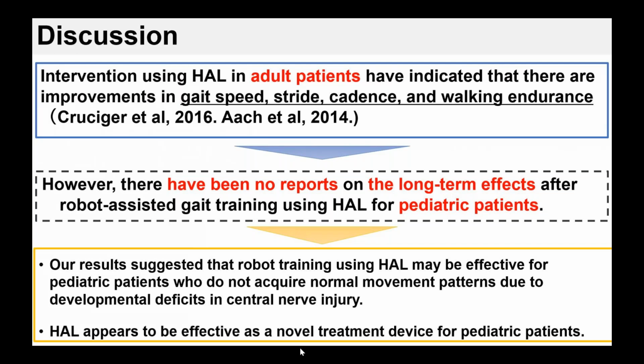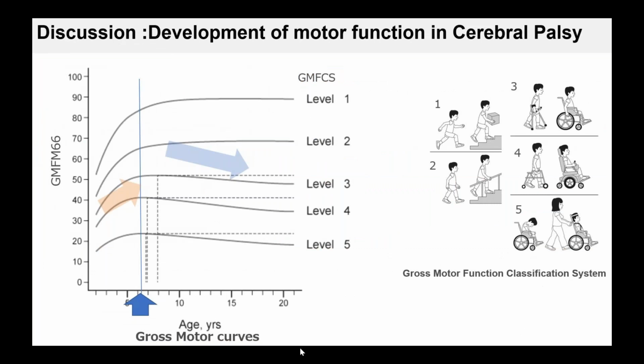A plateau in motor function in CP is reached at the age of 7 years. And in severe CP below GMFCS level 3, secondary functional decline occurs after the age of 7.